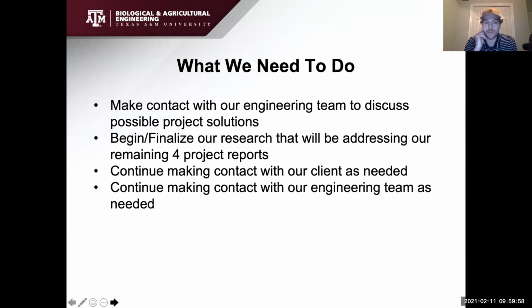We will need to create and finalize a copy of our background report. We'll need to begin and continue any of the research that's needed in order to write our remaining reports. And we will need to write those reports that we still have left and include all the material that's expected from them.